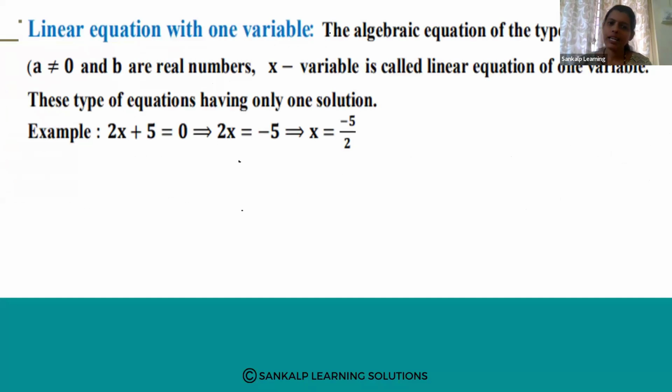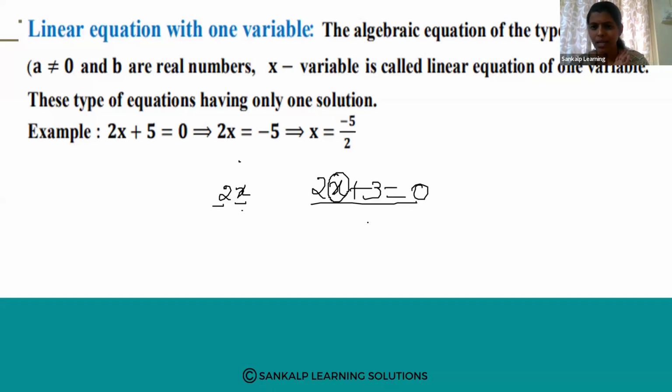Next, linear equation with one variable. Yes, what do you mean by variable? See, if I write 2x, this is the constant term, this is the variable, right? If I write 2x plus 3 is equal to 0, the variable is x here. So in this equation, I am using only one variable.